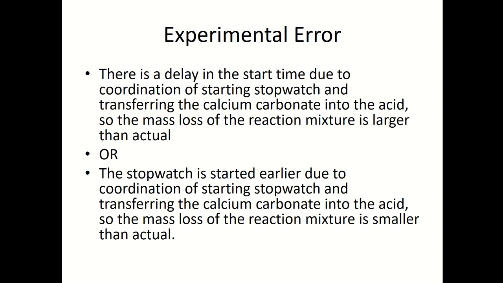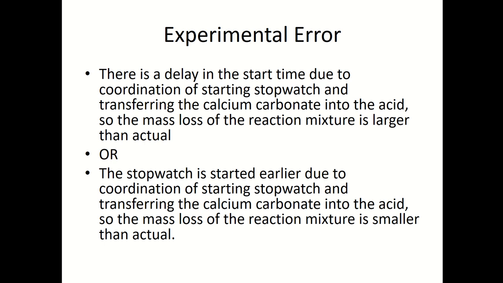For speed of reaction experiment, you have to mix the reactant and start the stopwatch at the same time at the start of the reaction. So this requires coordination. The key experimental error is that we may delay in starting the stopwatch, hence resulting in the time taken to be shorter than expected, or the mass loss will be larger than actual.